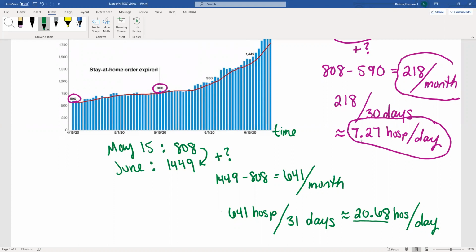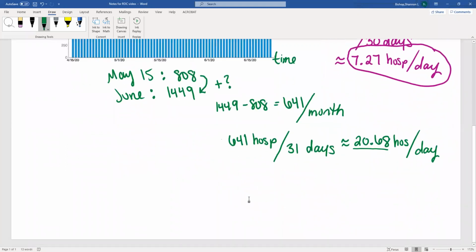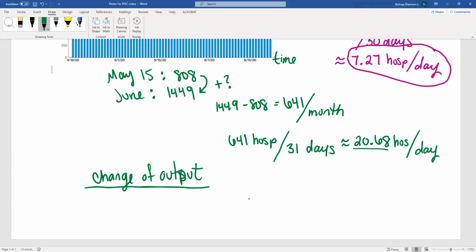But nonetheless, what we're looking at when we're talking about rate of change is we're asking ourselves, how did the output values change with relation to, or per, how did the input values change?